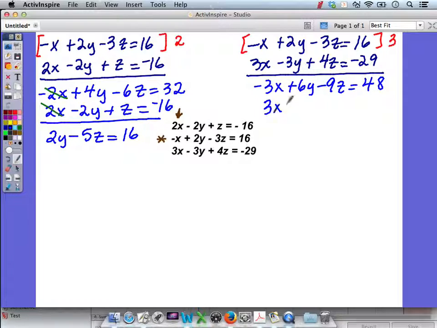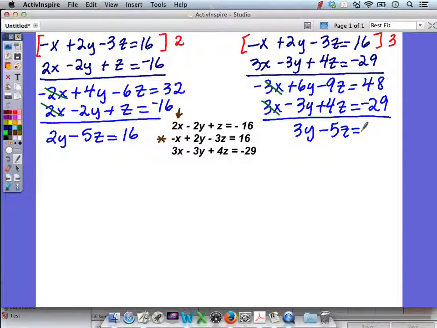Bring down that second equation, positive 3x minus 3y plus 4z is equal to -29. What happens is that the x's eliminate. That is my whole goal. That's what I started off doing, eliminating the x's. So we add them up. 6 minus 3 is 3y minus 5z, and 48 minus 29, I'm going to calculate that to make sure it's right, is 19.